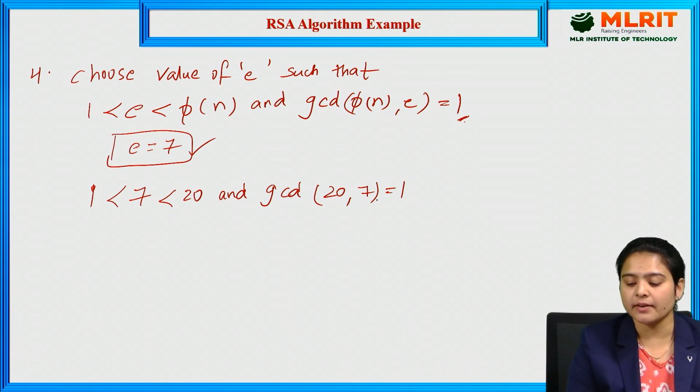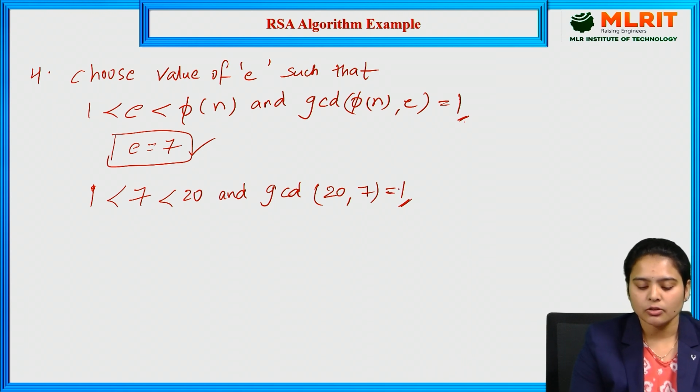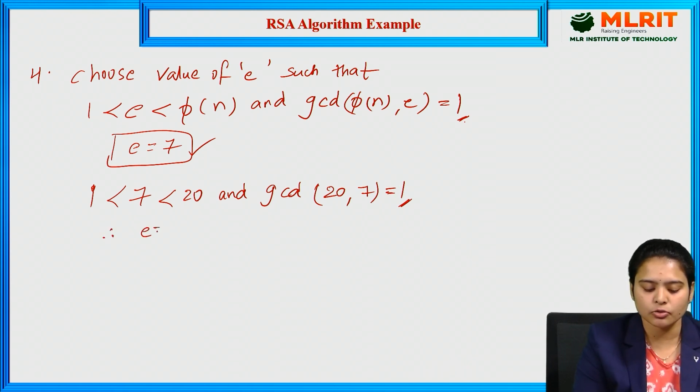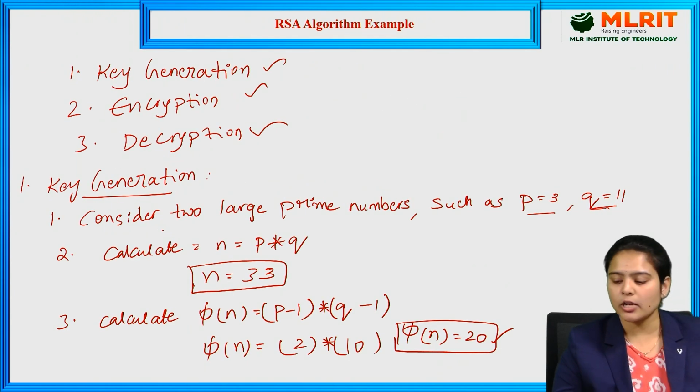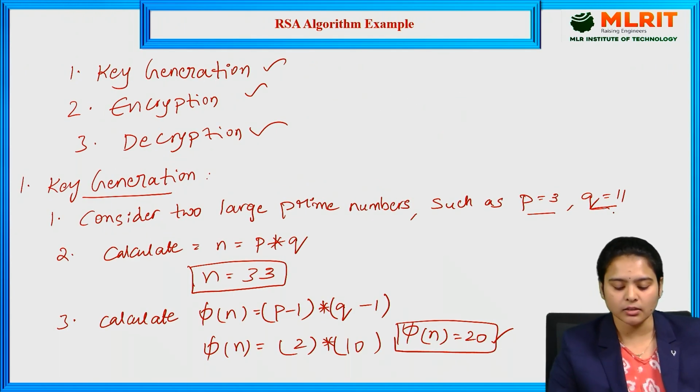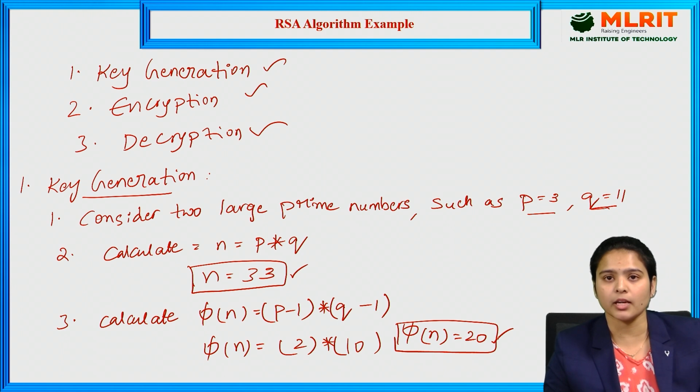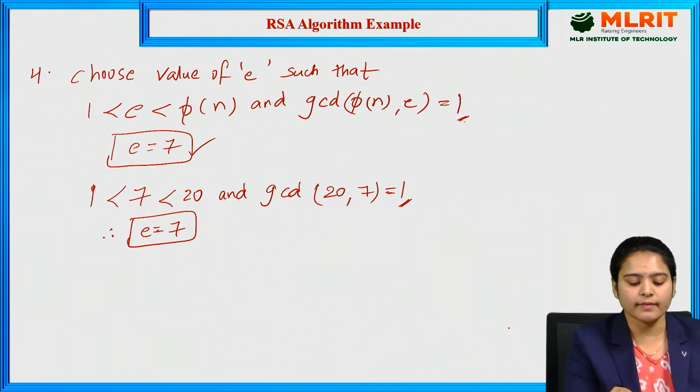GCD of 20 comma 7 equals 1. While calculating GCD of 20 comma 7, we get the value 1, therefore E equals 7. So already we have the values P equals 3, Q equals 11, N equals 33, phi of N equals 20, and the E value.